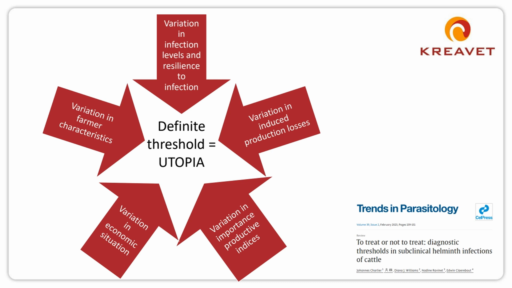Even the same infection level in a different animal under a different management practice will lead to a different production effect. These are living animals with so many factors, the feed, the climate, the genetics, influencing the production losses.